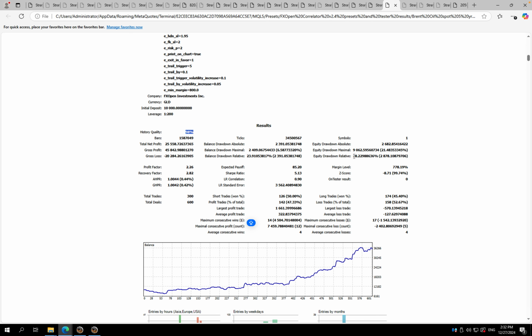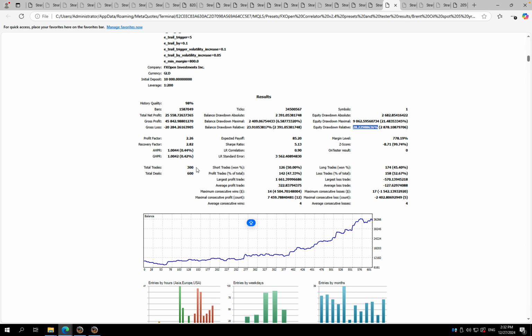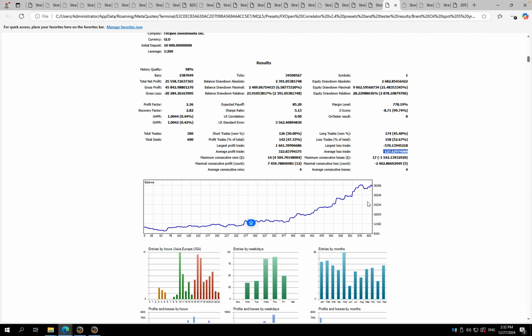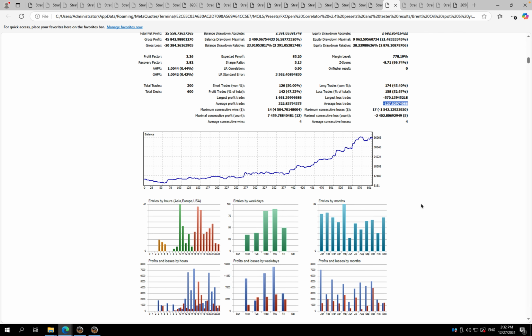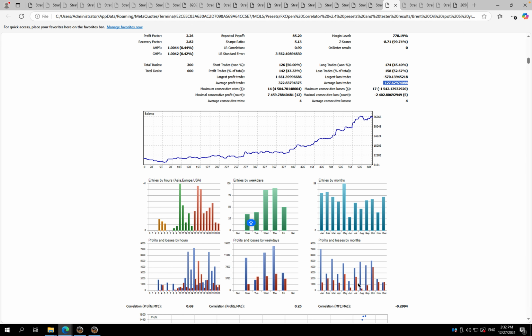Biggest drawdown 28%. 300 trades over 5 years, and the average profit is 322 compared to the average loss, which is 127. So we got that kind of consistent growth. And it appears, according to this, I can only see one losing month in December.